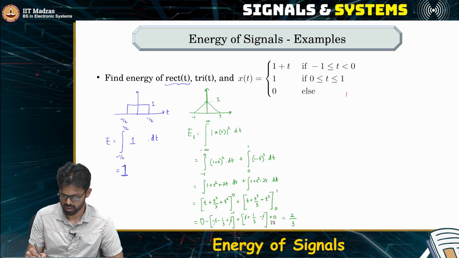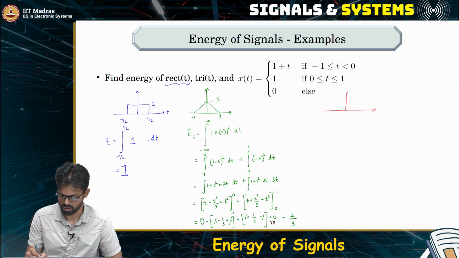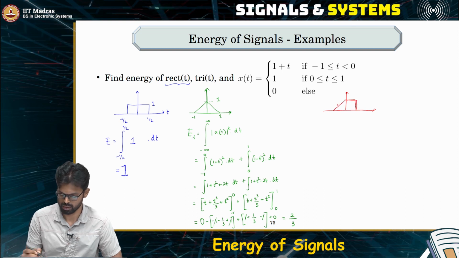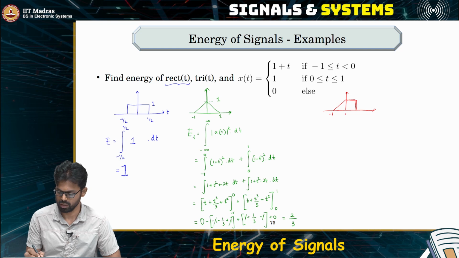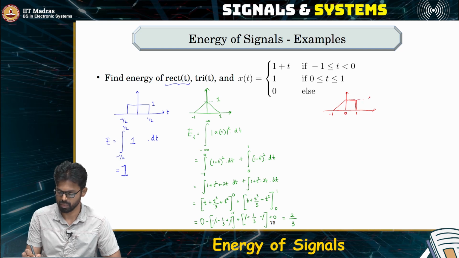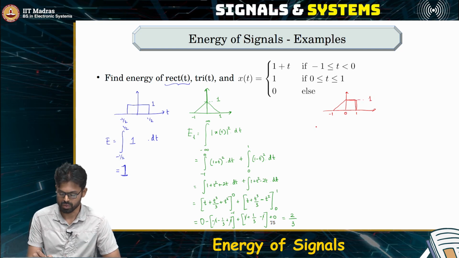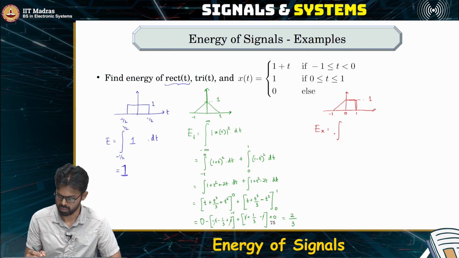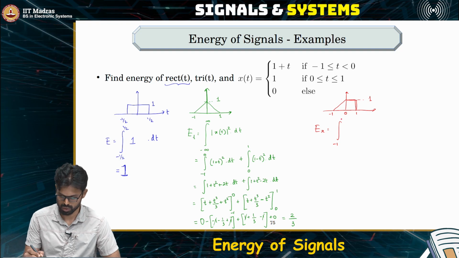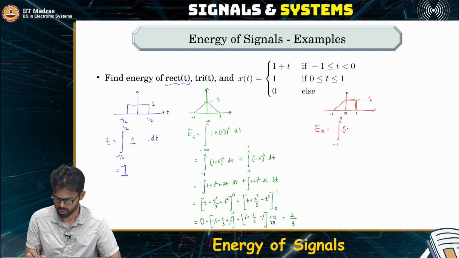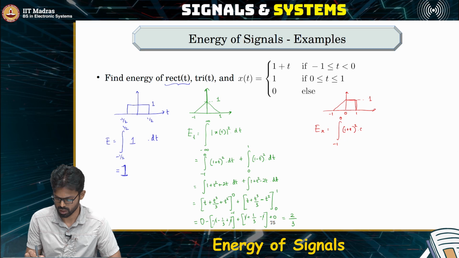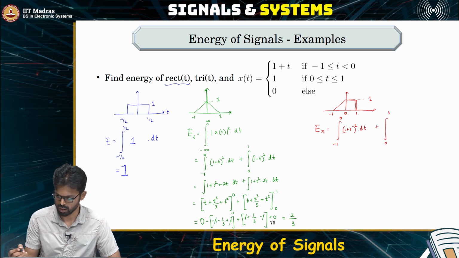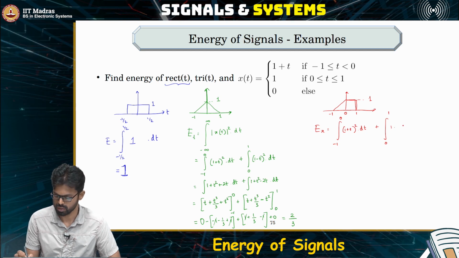Okay, now let's find the energy of the other signal that we often have been using, with points at minus 1, 0, 1. How to find the energy of this signal? We'll do the same thing. From minus 1 to 0, we have our usual 1 plus t the whole square dt, and from 0 to 1 we just have 1.